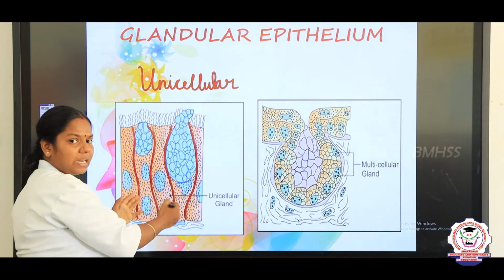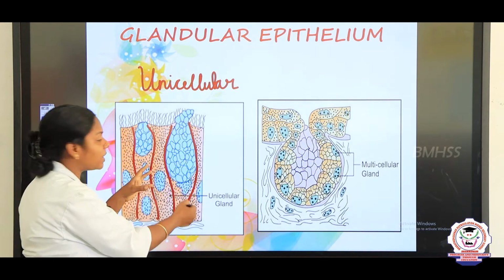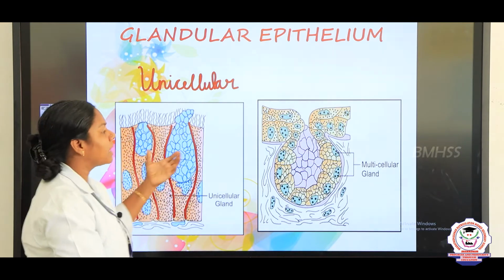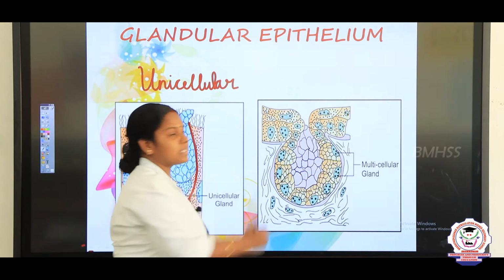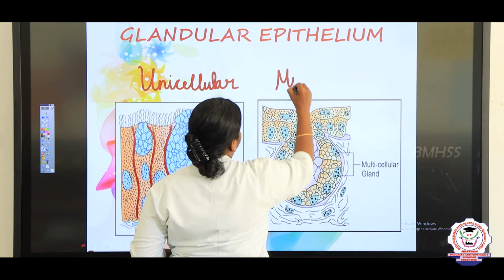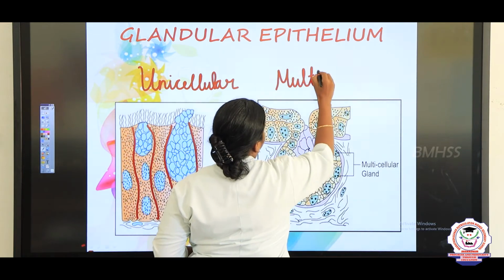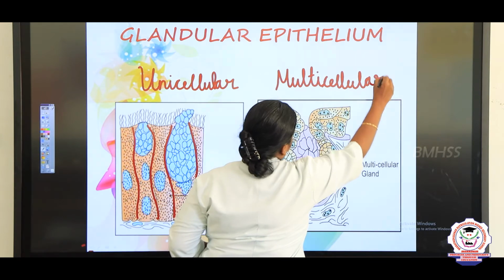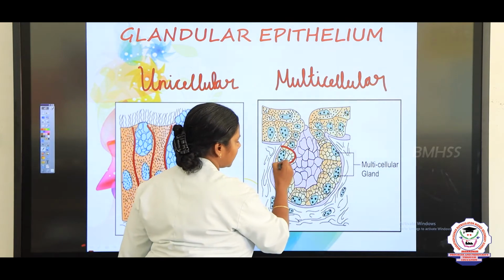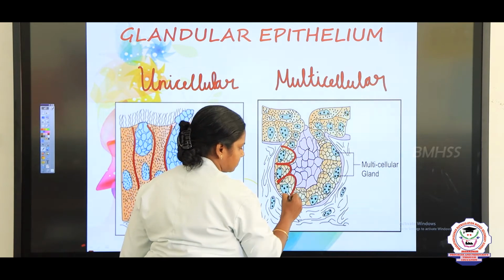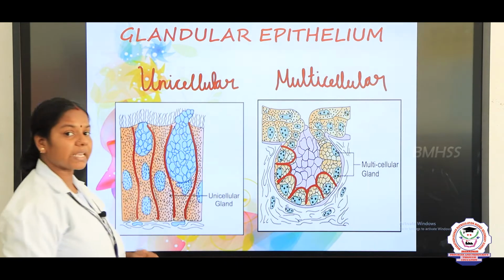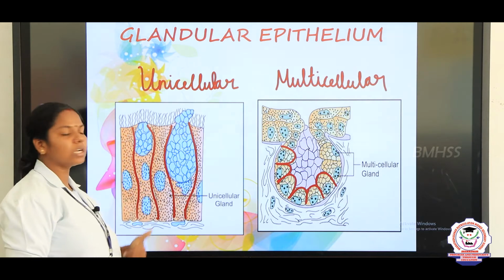So it is said to be unicellular glandular epithelium. But another one is multicellular, that is there are multiple number of cells forming the glandular epithelium.